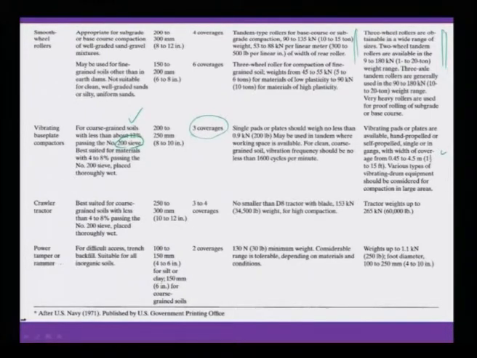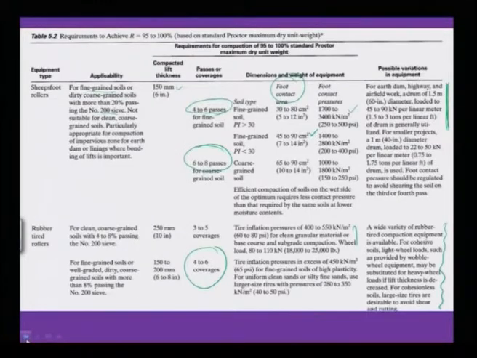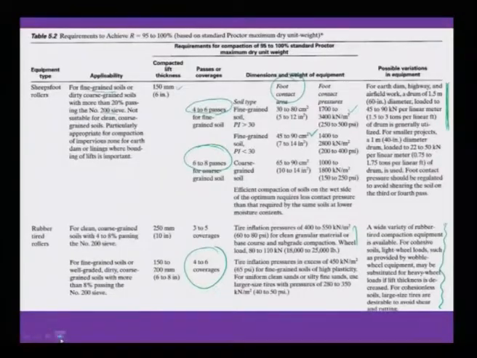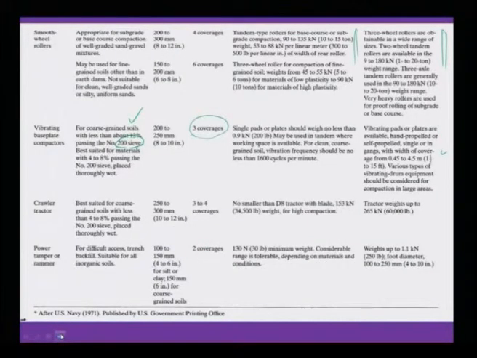These are about vibrating pads, tractors and power tamper rammers. If you look at this, there are basically 3 types of equipment generally preferred. One is sheepsfoot rollers for fine grained soils, rubber rollers for clean or coarse grained soils, and smooth drum or smooth wheel rollers, basically for road construction or subgrade or base course compaction.